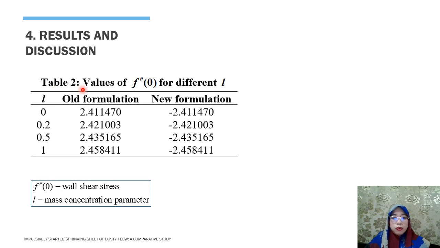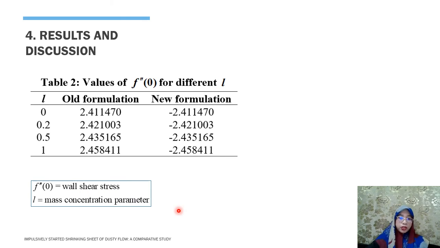In table 2, we show the values of f double prime 0, or wall shear stress, for different L, the mass concentration.